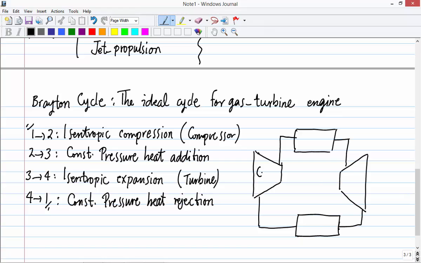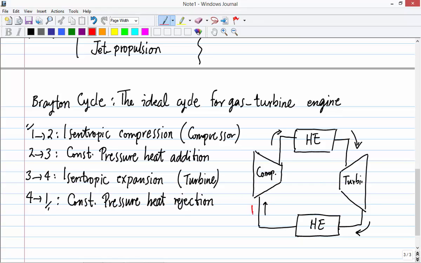So here's my compressor, here's my turbine, and heat exchanger, heat exchanger. The process goes this way. This is the direction. And let me define the different states, different checkpoints.